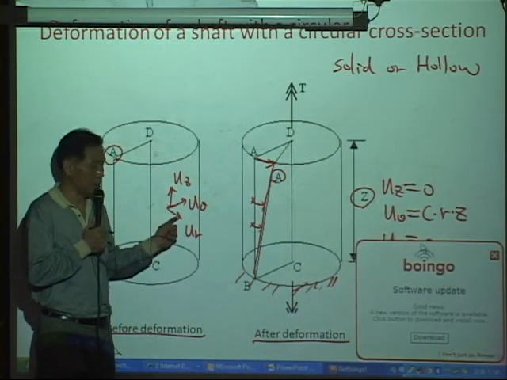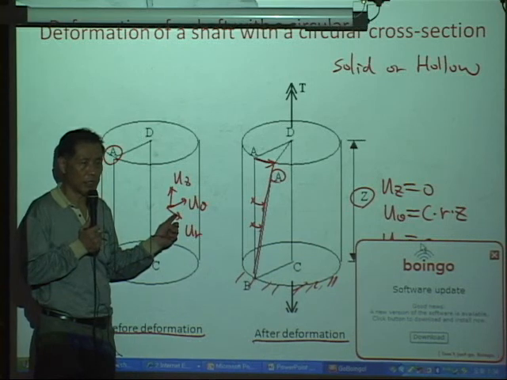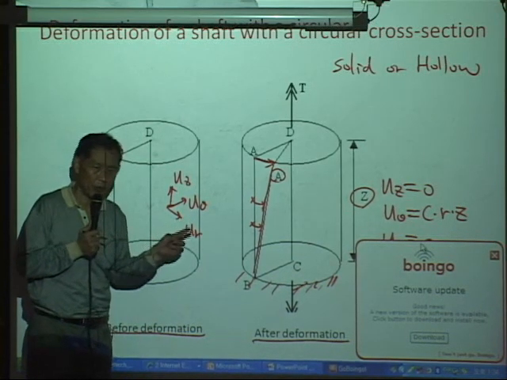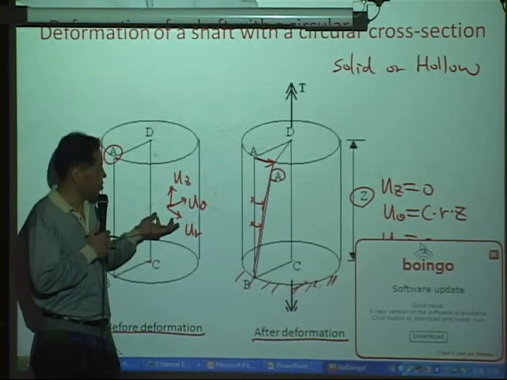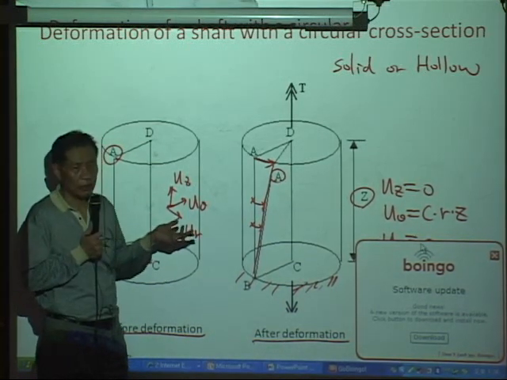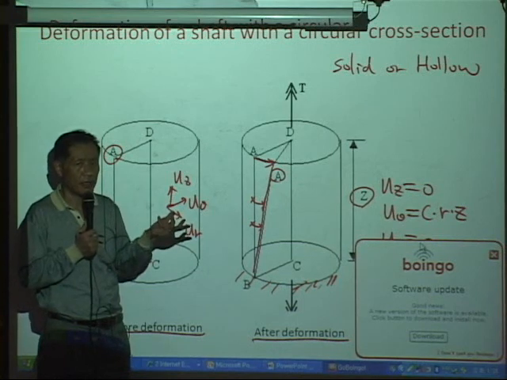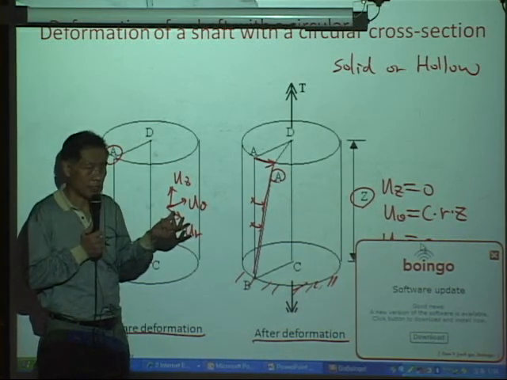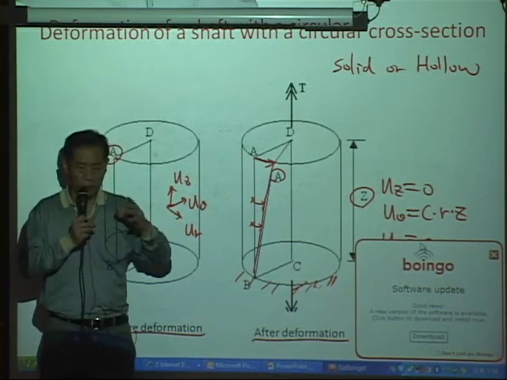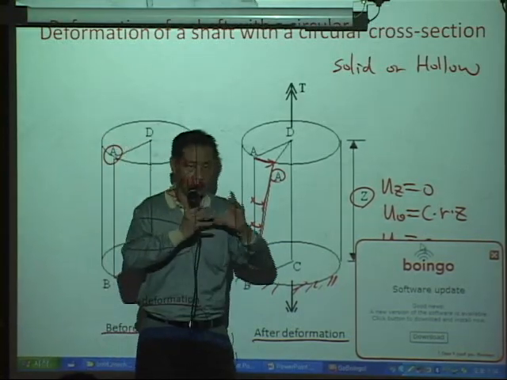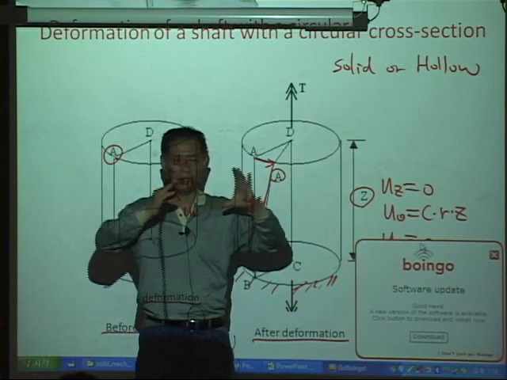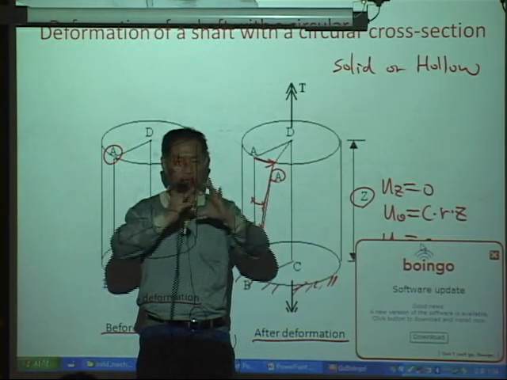And there's no R directional displacement. Why? Well, we cannot conclude that at this point, but just say these are observations. When we rotate a shaft, the diameter does not get larger or smaller.